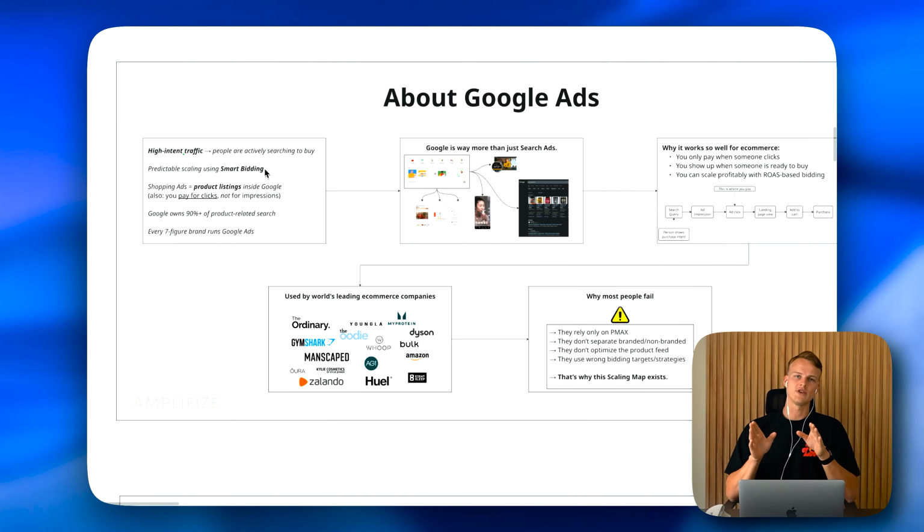So within Google Ads, we see higher conversion rates, we see higher average order value because people are in a buy mode, right? That's the high intent traffic part of Google Ads, and that's not everything because there are tons of top of funnel and middle of funnel traffic strategies that you can use to put your account on steroids, basically. But the high intent traffic is a very important aspect of Google Ads.